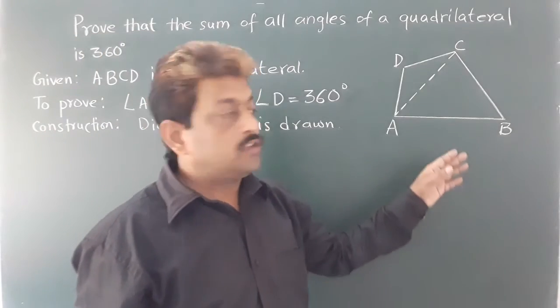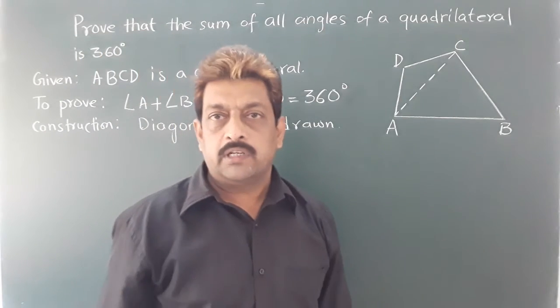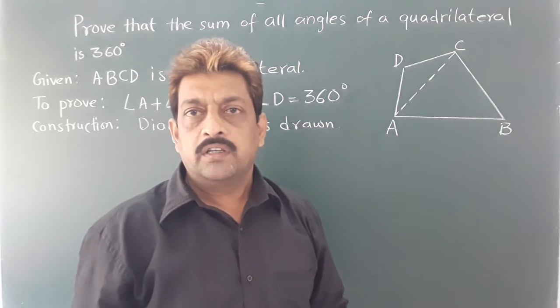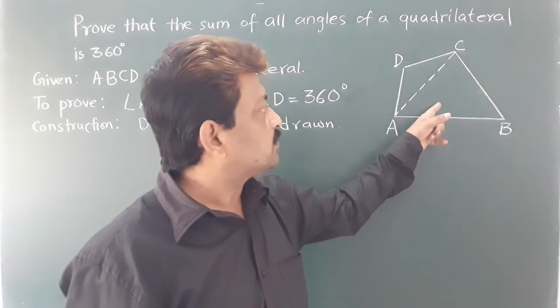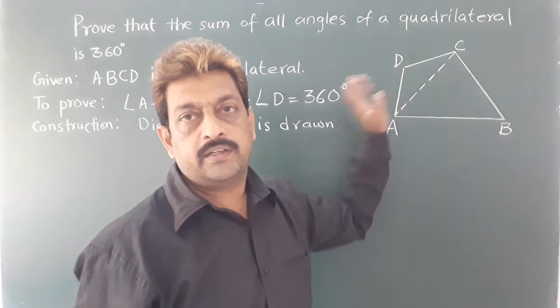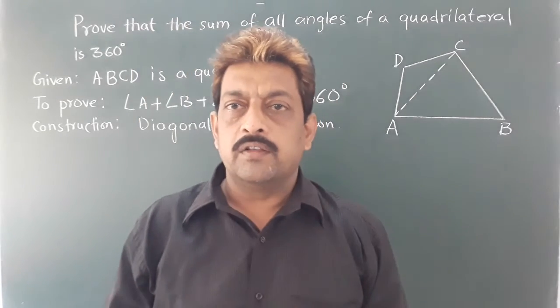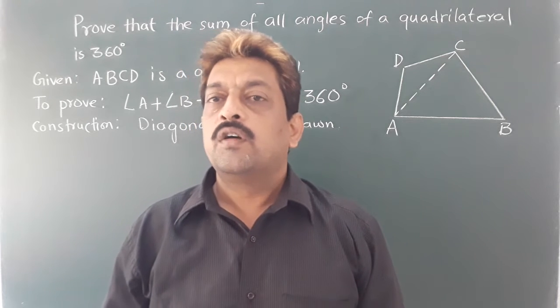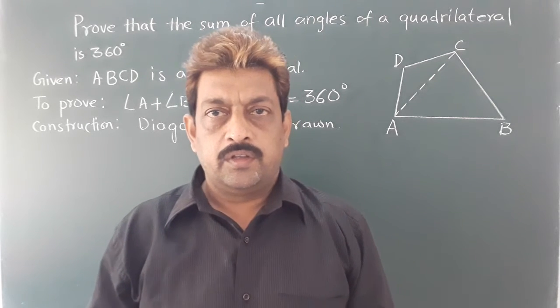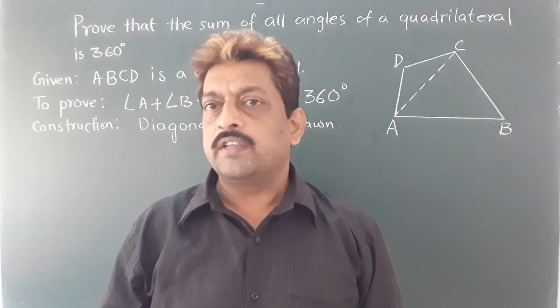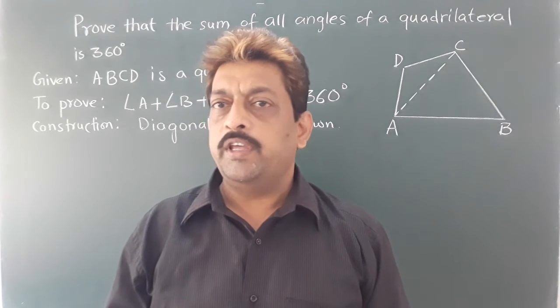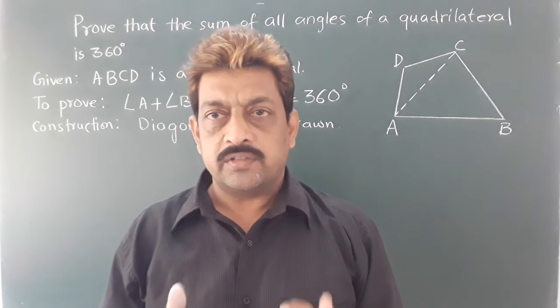Now, as you can see, after drawing the diagonal AC, the quadrilateral is divided into two triangles, ABC and ADC. And we all know the sum of all angles of a triangle is 180 degree. Since there are two triangles, naturally the total sum will be 180 plus 180, that is 360.